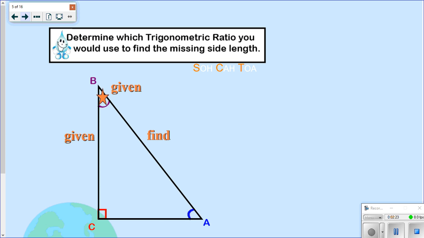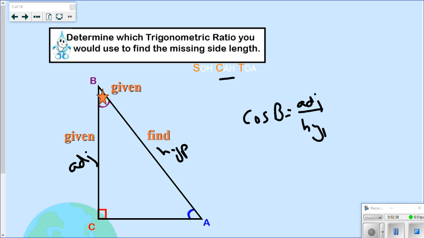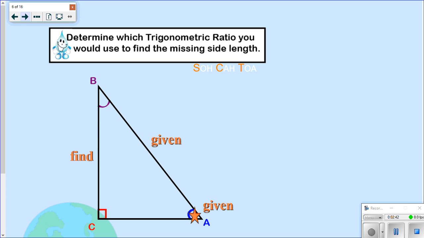In this case, I'm being given the adjacent and the hypotenuse, cos. This time I'm looking for the opposite. I have the hypotenuse. What is that? That's sine. Yes, sine.